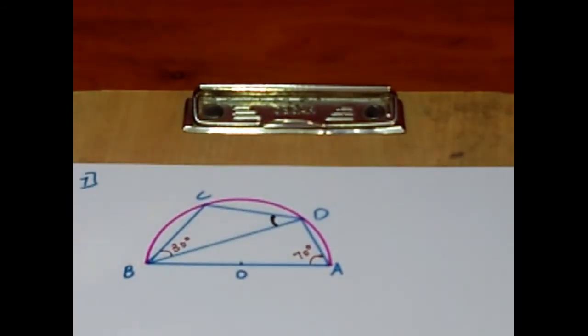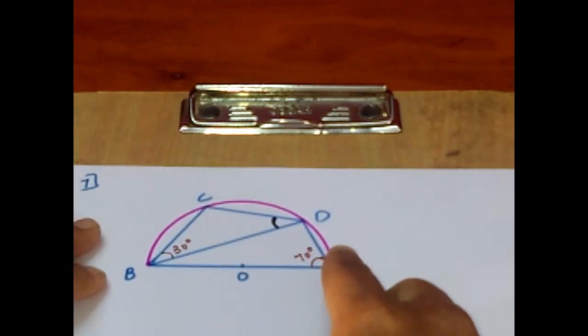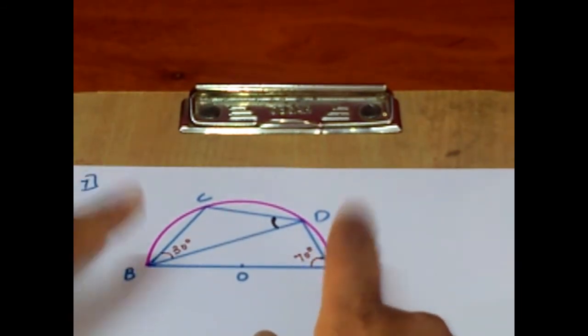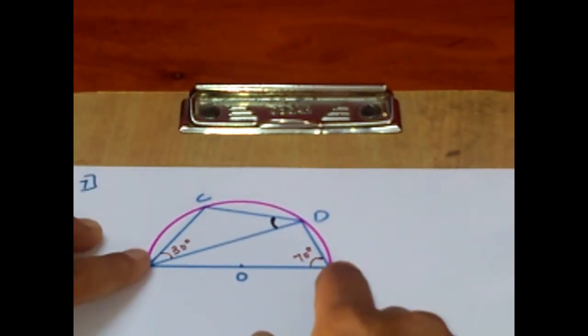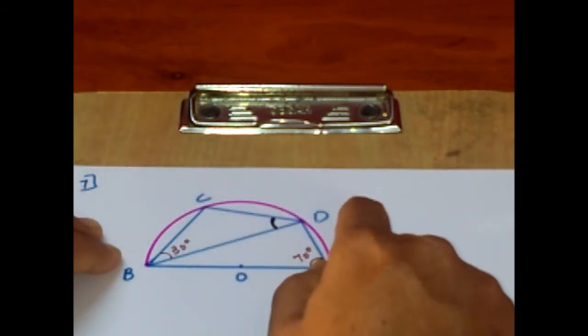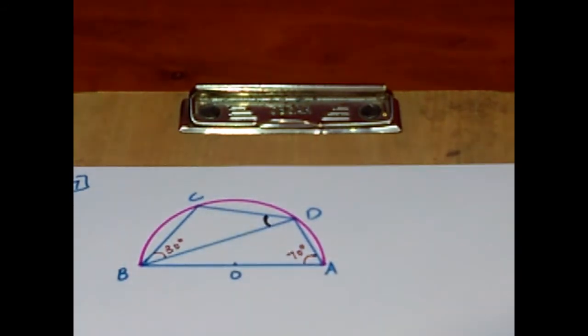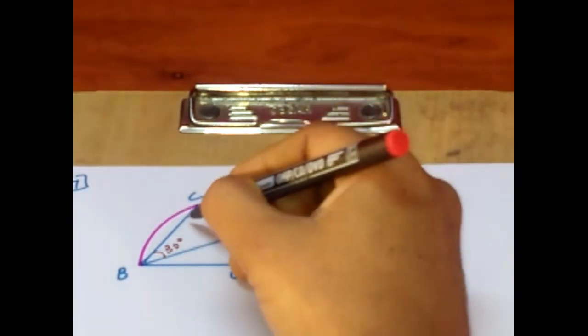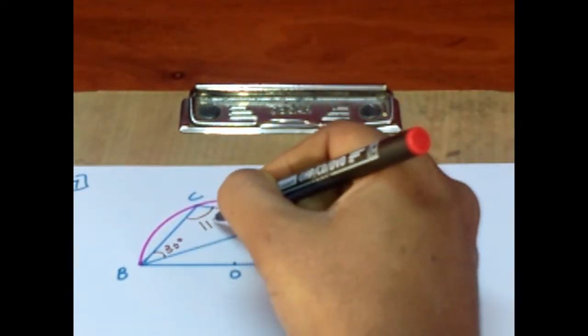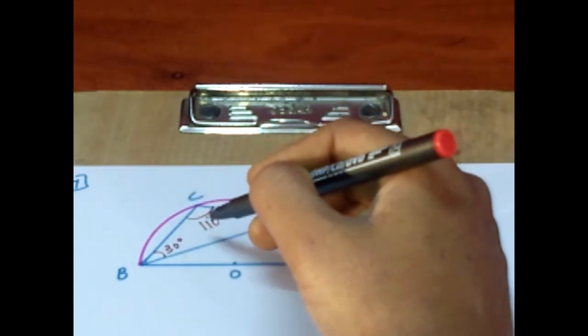Very simple diagram. Here, the points A, B, C, D lie on the circumcircle, that is a semicircle of a given circle. So here we can say that ABCD is a cyclic quadrilateral. Once the measure of angle A is 70 degrees, the opposite angle, measure of angle C, will be equal to 110 degrees, because opposite angles of a cyclic quadrilateral are supplementary.